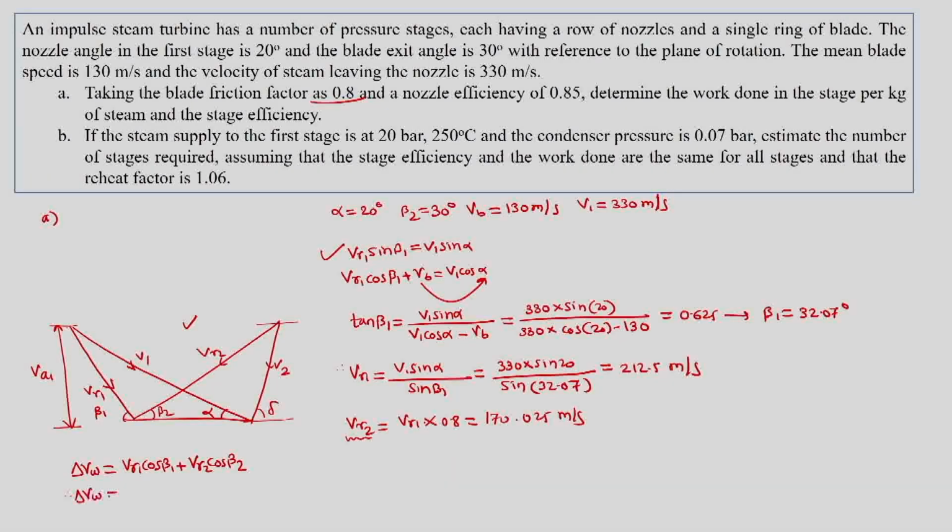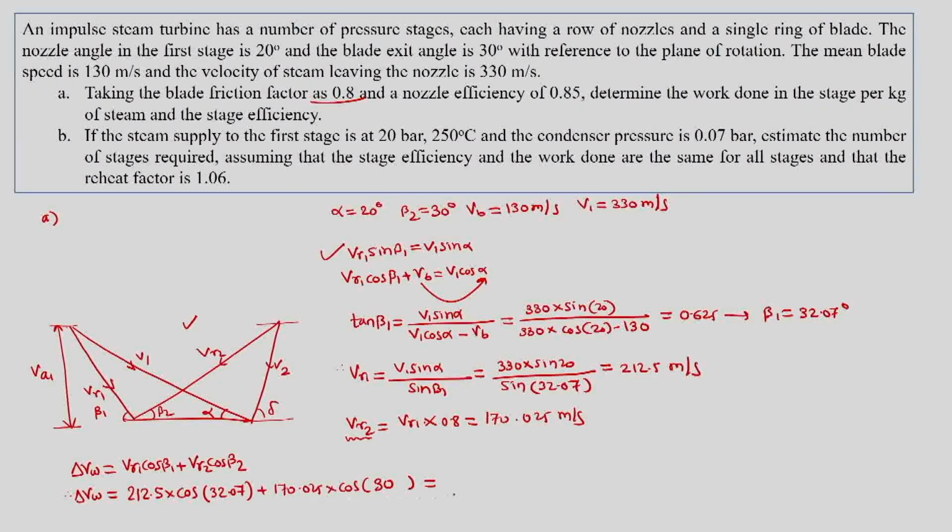So we have delta VW is equal to 212.5 into cos of beta 1, 32.07, plus VR2, 170.25, into cos of beta 2, which is given as 30 degrees.